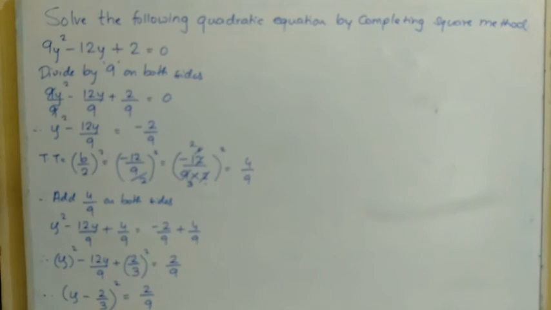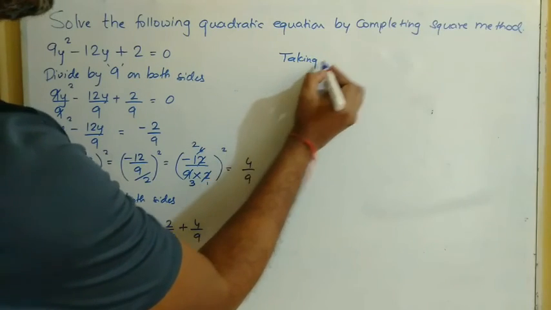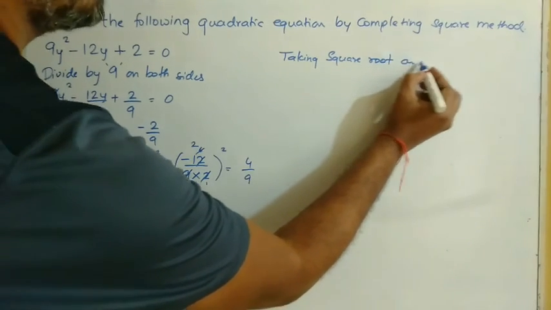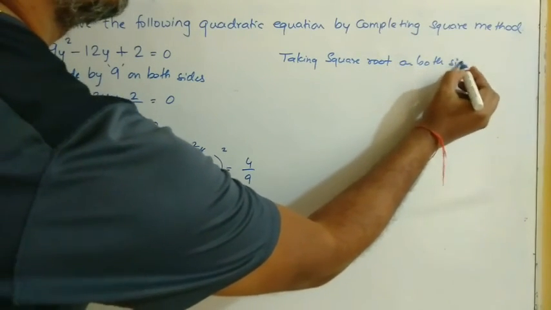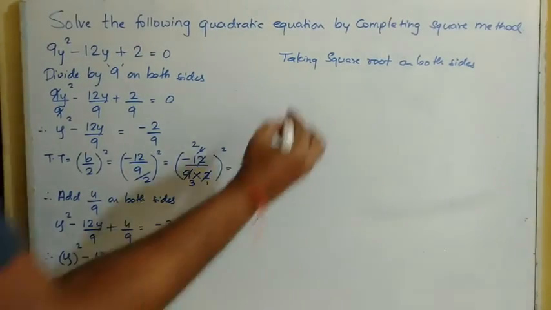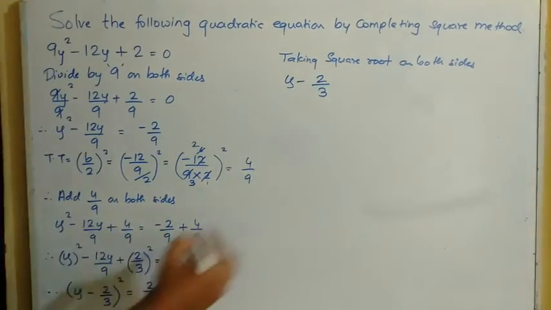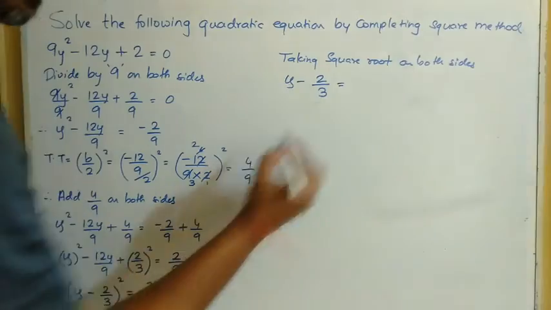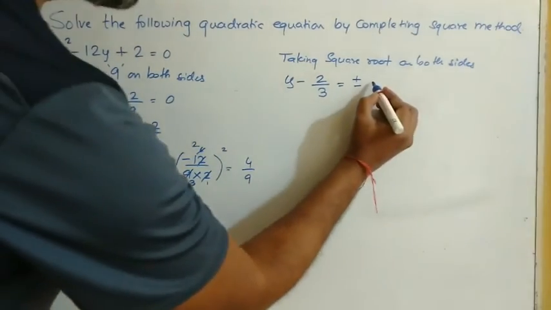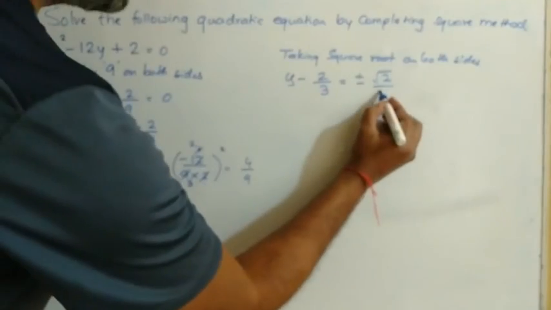In the next step I am going to take the square root. Taking square root on both sides, I will get y minus 2 upon 3 equals plus or minus, the square root of 2 is root 2, and the square root of 9 is 3.